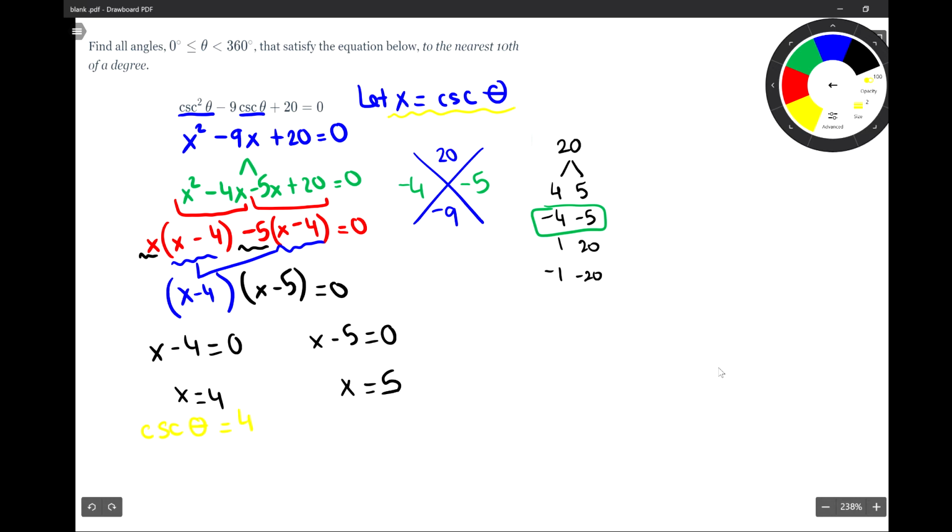Like what I said in the previous video, when we have cosecant theta equals 4, usually we rewrite it in terms of sine. So now sine of theta equals 1 over 4, because it is the reciprocal of cosecant. Similarly, we have cosecant theta equals 5, and that means sine of theta equals 1 over 5.